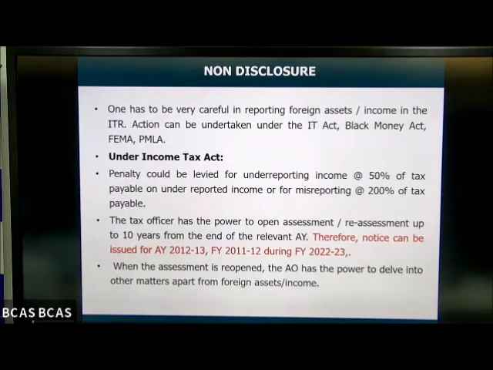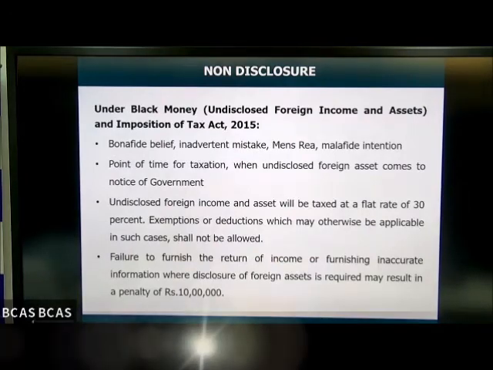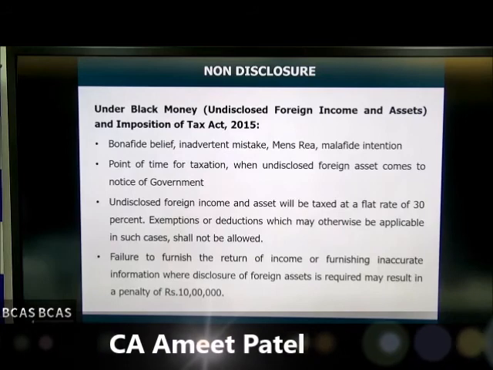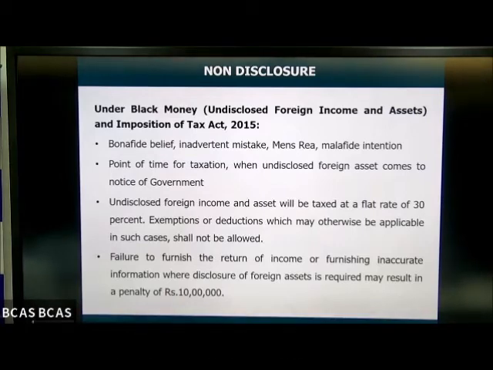And when the assessment is reopened, the AO has the power to delve into other matters apart from the foreign assets or foreign income. Under the Black Money Act, bona fide belief, inadvertent mistake, mens rea, mala fide intention, all these are very, very relevant. And one needs to be very careful about how you defend yourself if at all you are caught on the wrong foot.